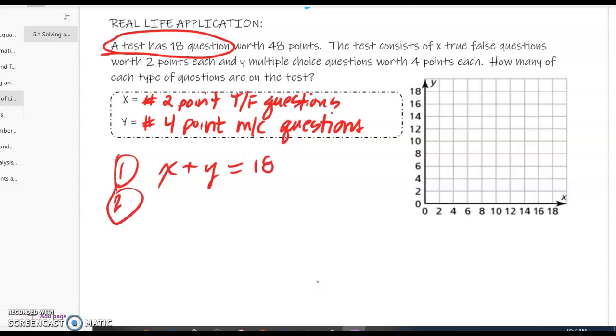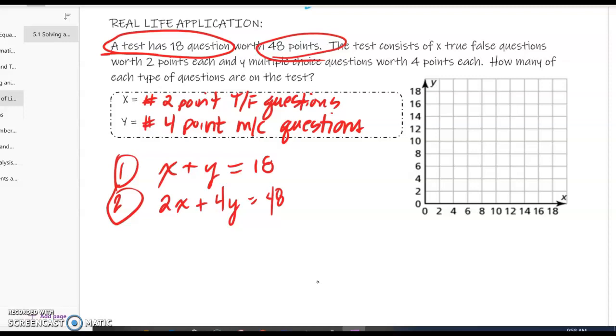And then my second equation is going to come from this piece of information here. So you have some 2-point questions and some 4-point questions that are a total of 48 points. So that means you need to multiply 2 by the number of 2-point questions, 4 by the number of 4-point questions to get your total of 48 points. So there are your 2 equations.